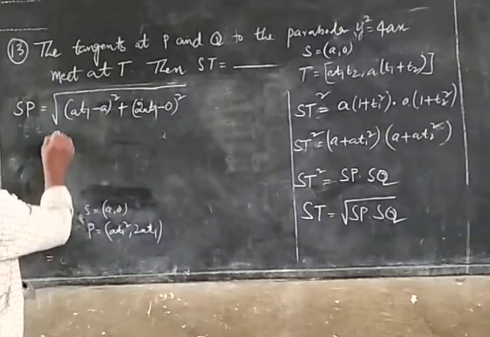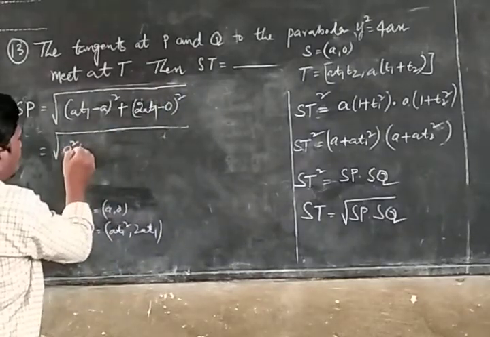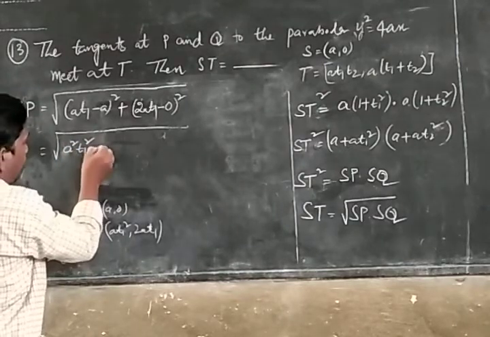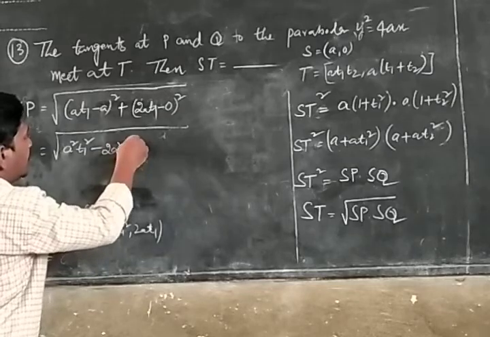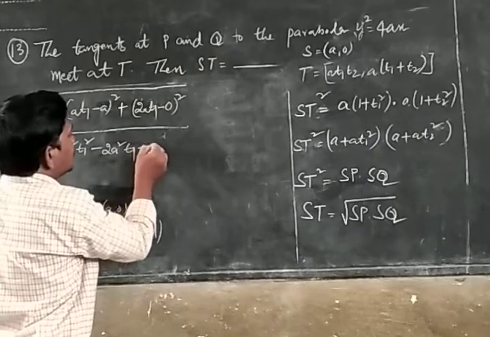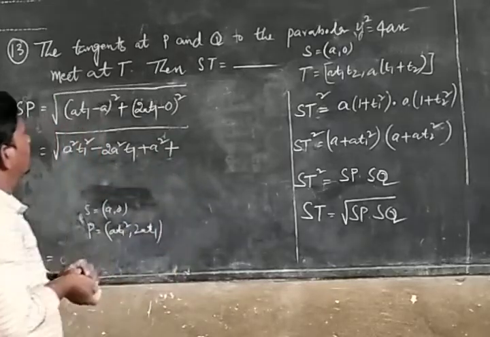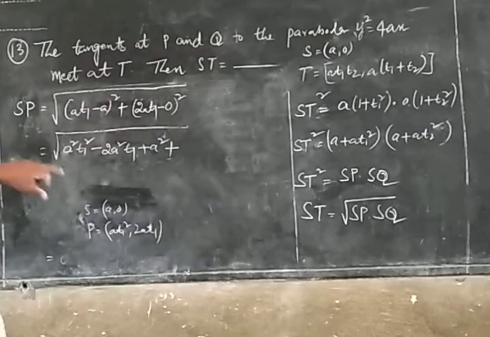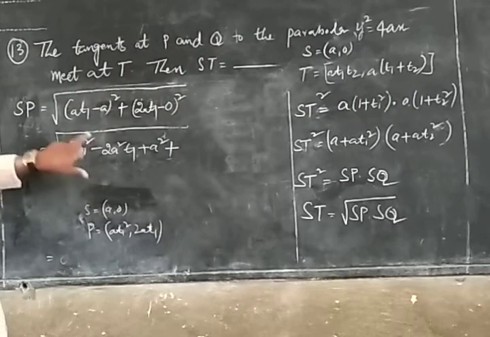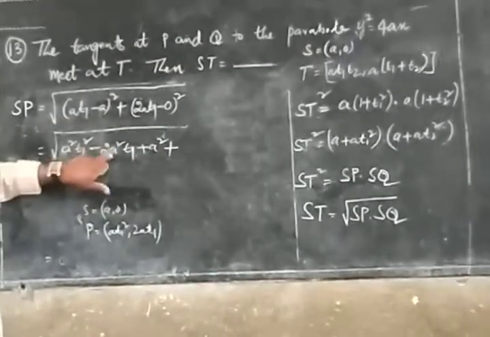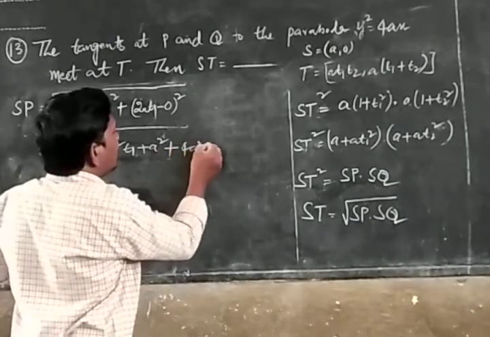Now a square t1 to the power 4 minus 2a square t1 square plus a square, using (a minus b) whole square, plus 4a square t1 square.